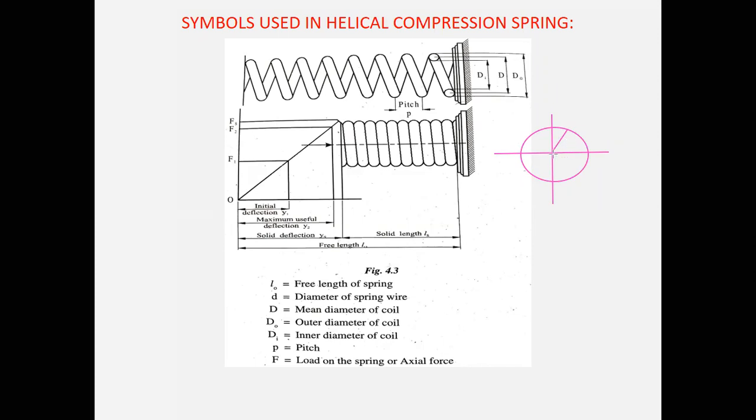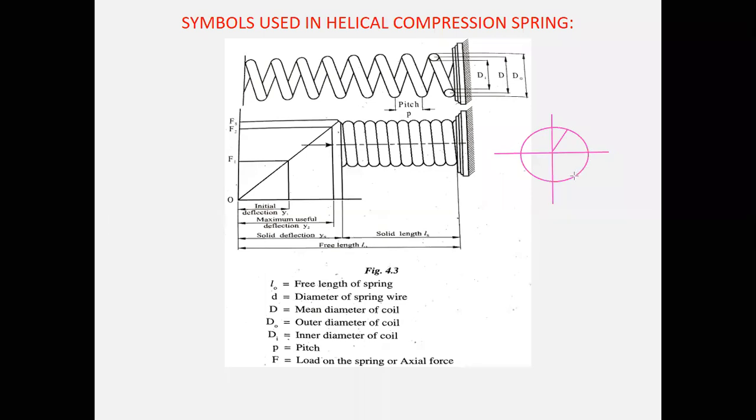If the member is subjected to tensile loading, if you stretch it, this point will be deflected at the bottom. If it is subjected to compression, there will be a deflection, and if it is subjected to tensile, in that case also the member will deflect. In compression, it is going to reduce its length, whereas in tensile, the member will stretch.